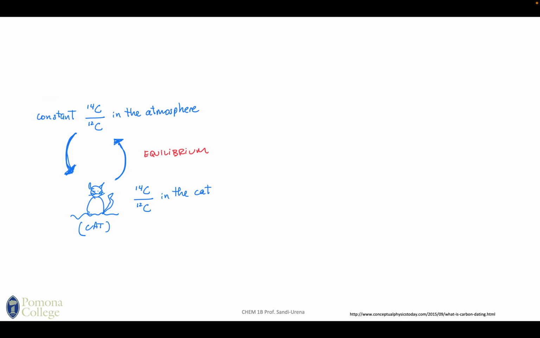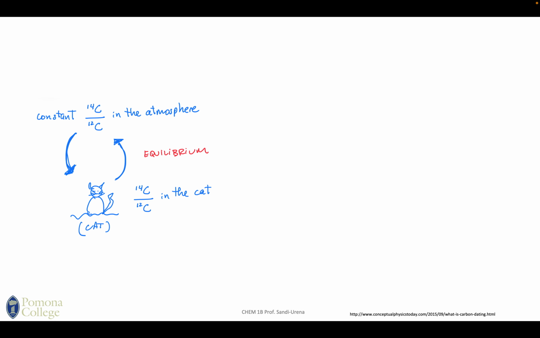But what's important from the chemical perspective is that living creatures interact chemically with the environment in such a way that we reach equilibrium, integrating carbon in our tissues, so that the ratio of carbon-14 to carbon-12, in this case in a cat, is the same as it is in the surroundings, in the atmosphere.